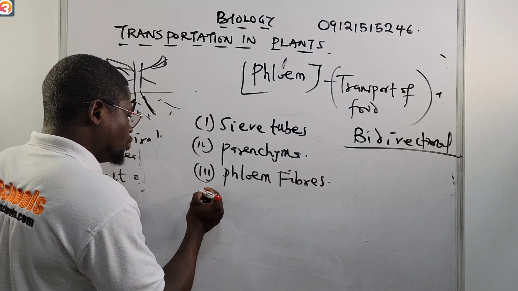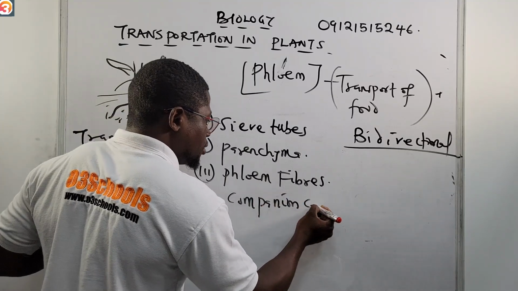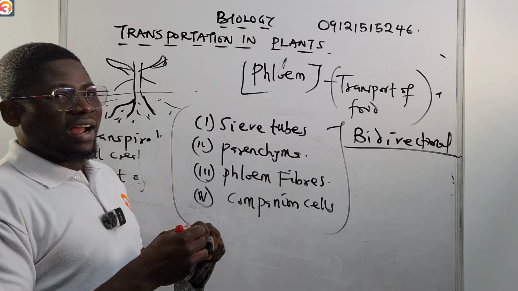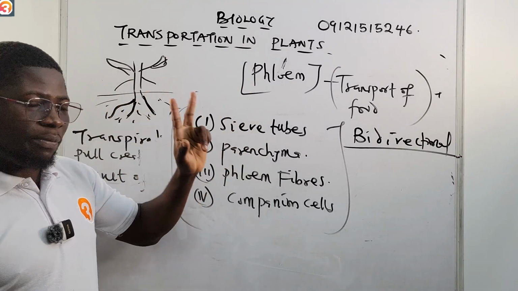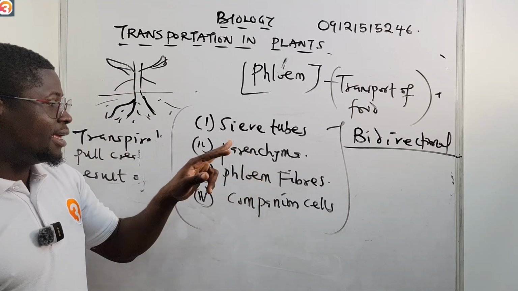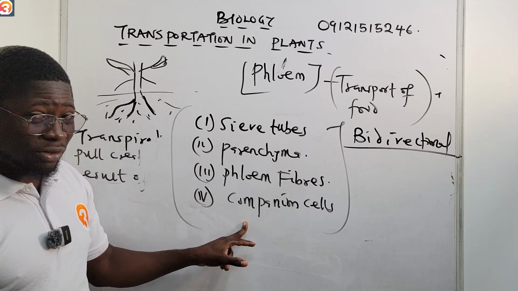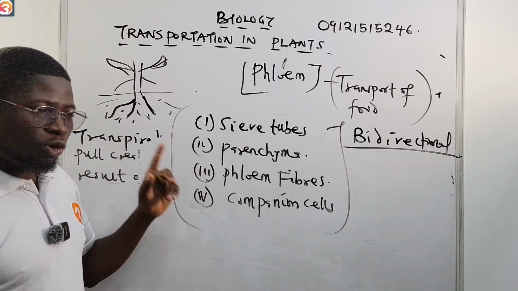And then the last one, number four, the companion cells. Please take note of all these. You'll see them in past questions very soon: sieve tubes, parenchyma, phloem fibers, and companion cells.